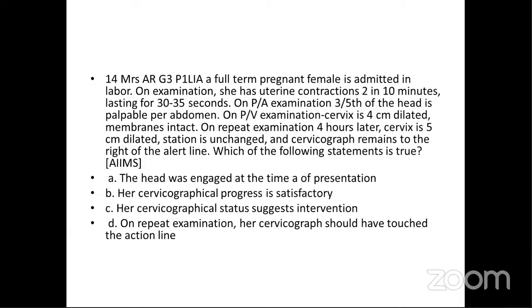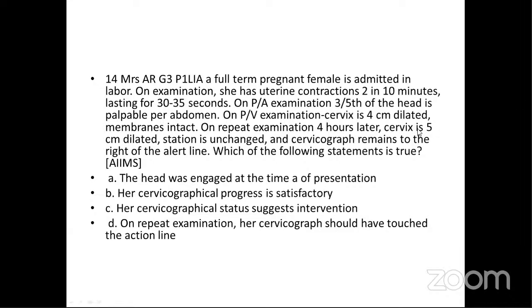So action line is indicating that you need to do a surgical intervention, that is a cesarean section. Alert line gives you an indication that there is some maltprogression of labor and you need to do some sort of intervention, which could be a conservative intervention as well. So accordingly, what would be the answer for this question?